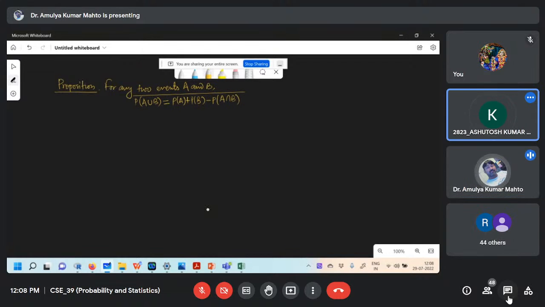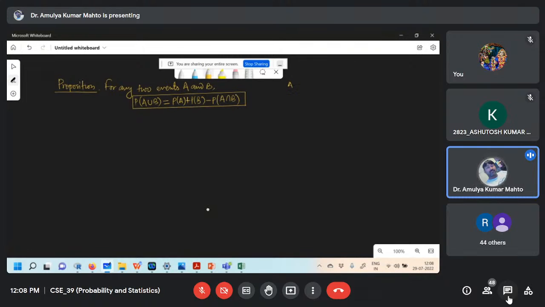Then I told you that this can be generalized to any number of events. You can generalize it to 3 events, or to 4 events.